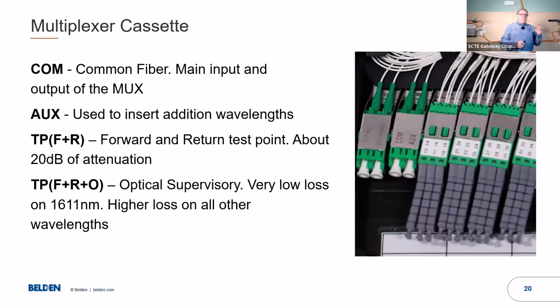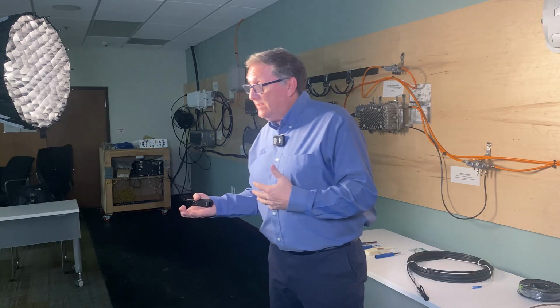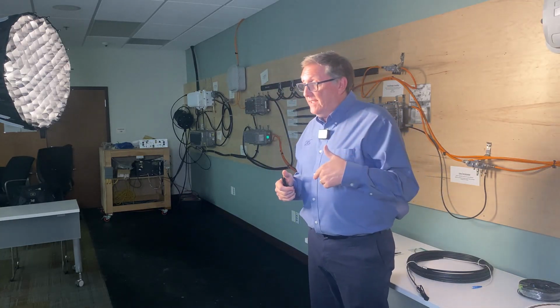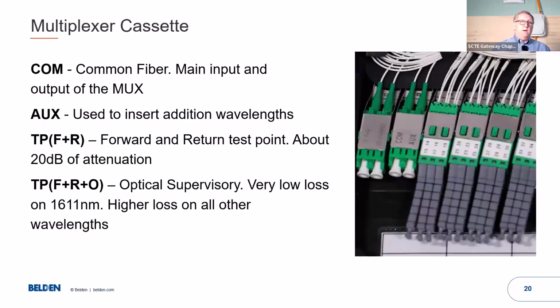TP F and R is about a 20 dB down test point, forward and return. TP F, R and O, where O stands for optical supervisory. Some places are monitoring their fiber systems, so they're using that as a test point to feed into optical spectrum analyzers and OTDRs to do constant real-time monitoring.